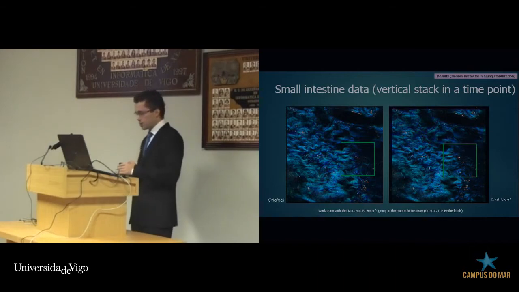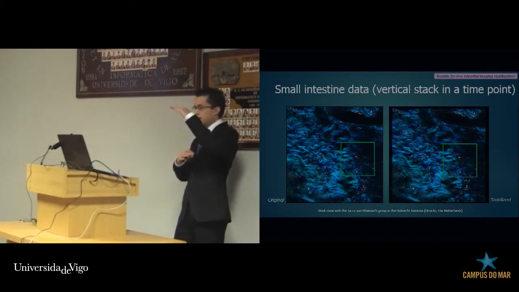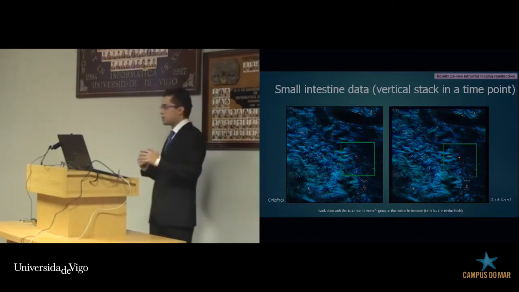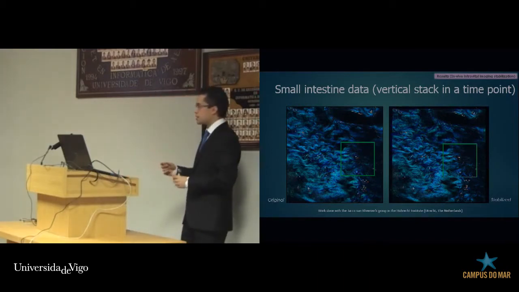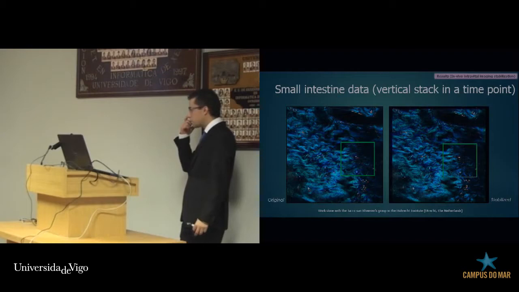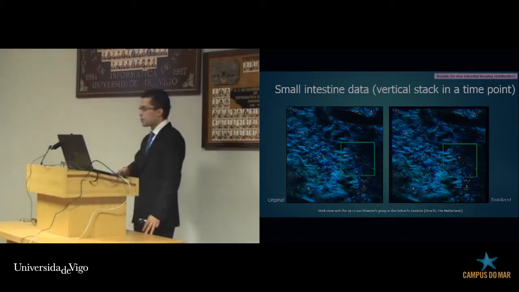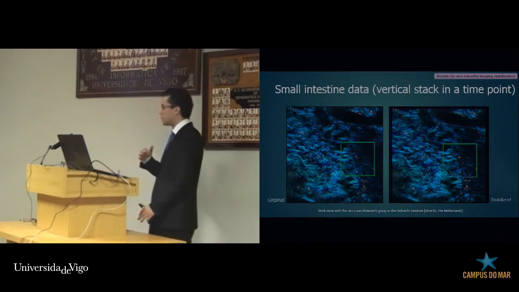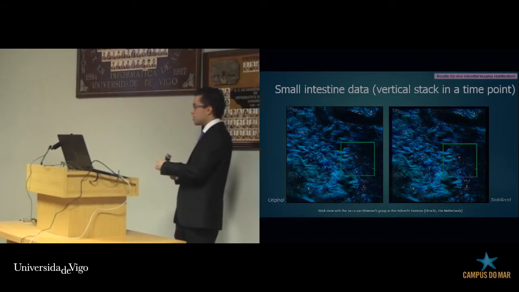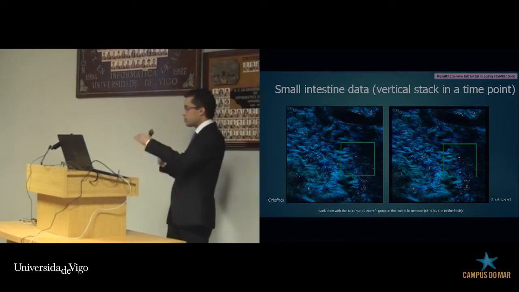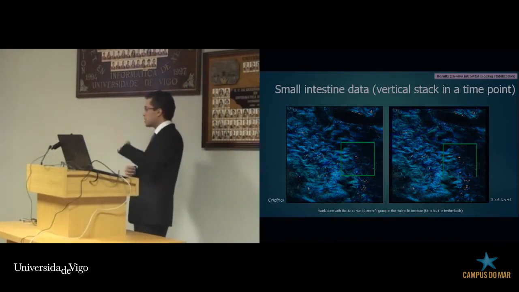It's important to show that because it's only a vertical stack, a stack in one cycle, and you have the problem that the microscope cannot get all the different channels at the same time point. So you have to do a scan and get some channels, YFP, GFP. Well, you have to obtain several channels, and then continuously you obtain the other channels in the second scan.